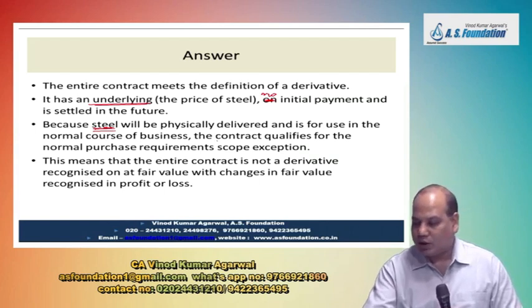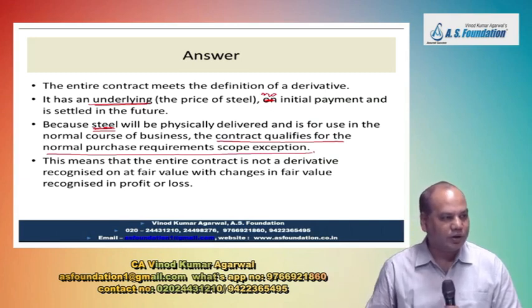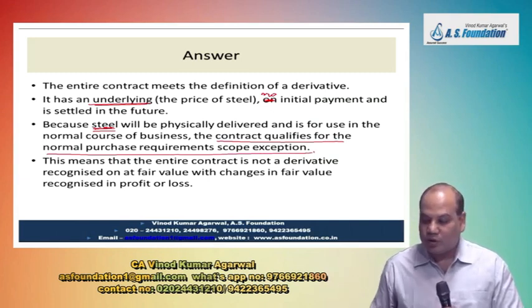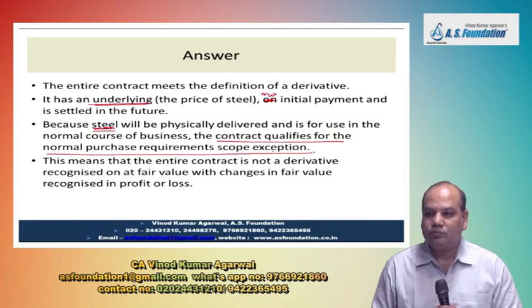It means this contract as such is not in the scope of the standard. It's an executory contract. The contract qualifies for normal purchase requirement scope exception, in brackets, executory contract.